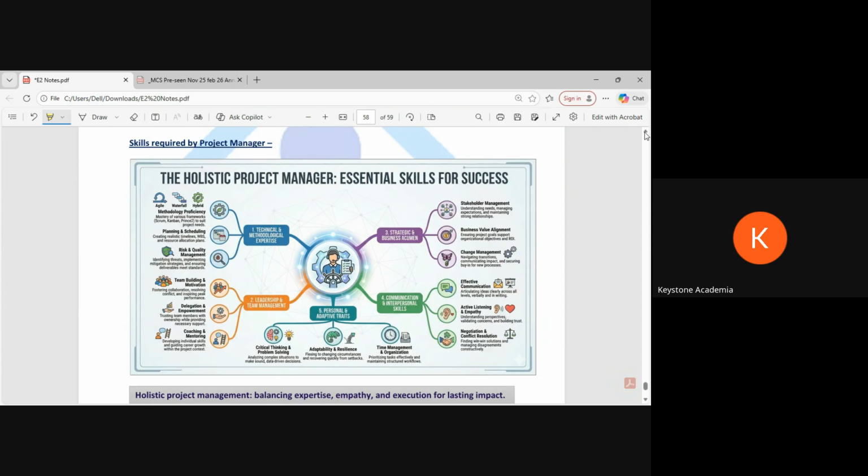Communication, you would say, over all other skills? Definitely, all skills are required, but you said the topmost. Okay, after communication we have discussed. Apart from that, which one is it? Strategic, of course. Business acumen.